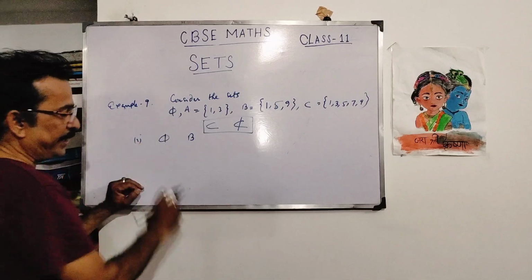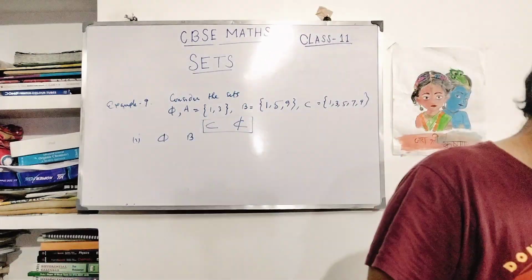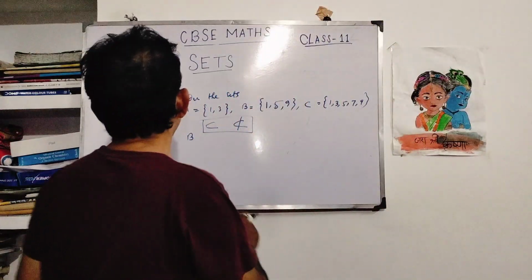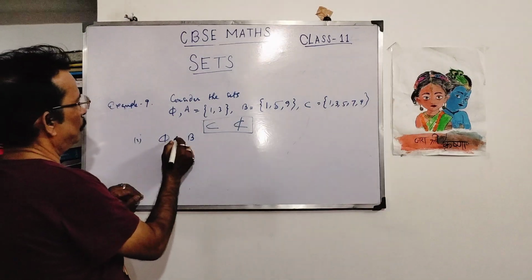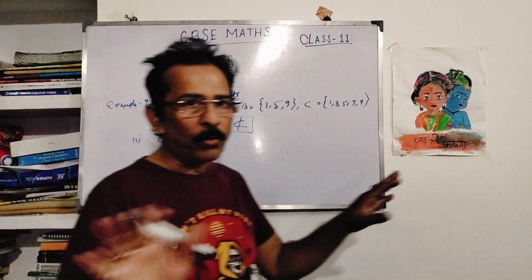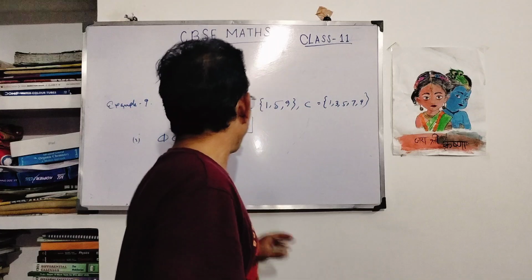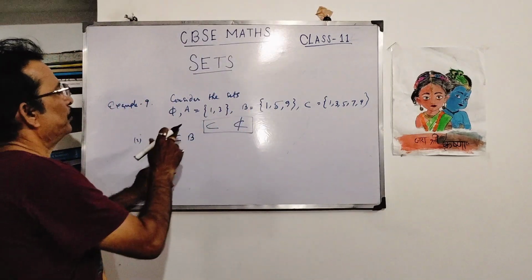So phi is the null set, and it is a subset of B. Phi is a subset of B.